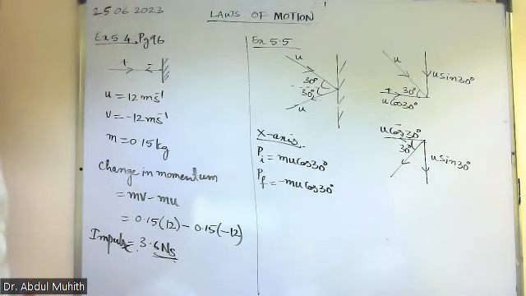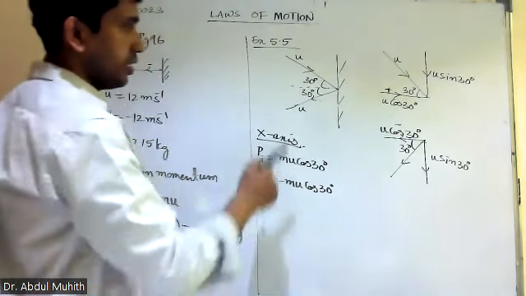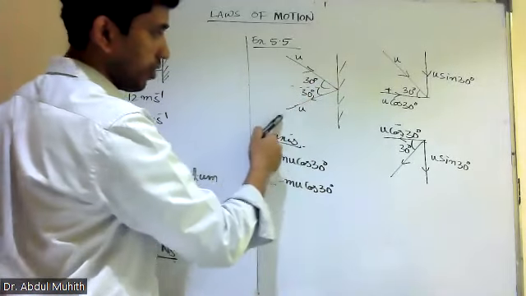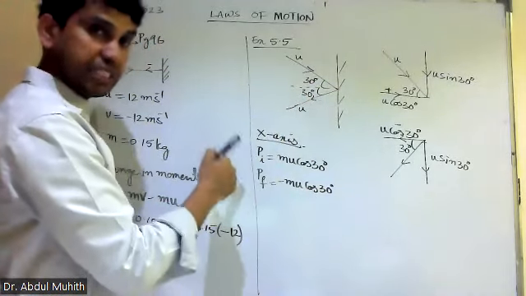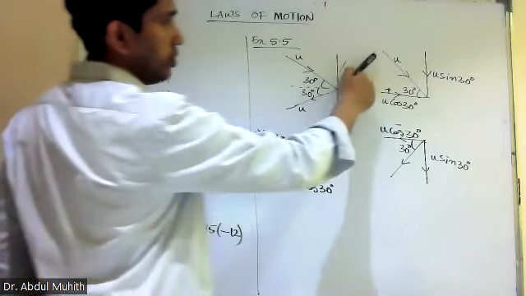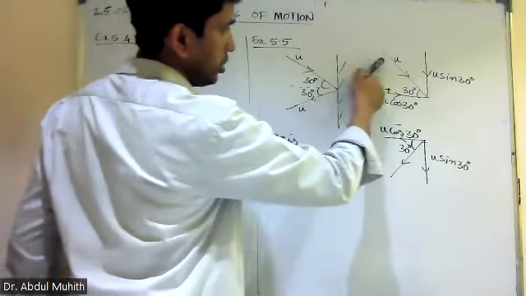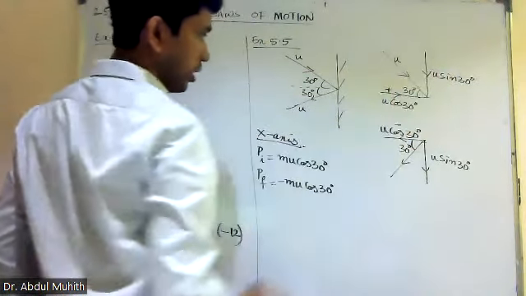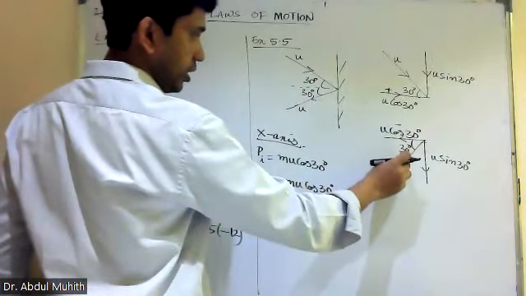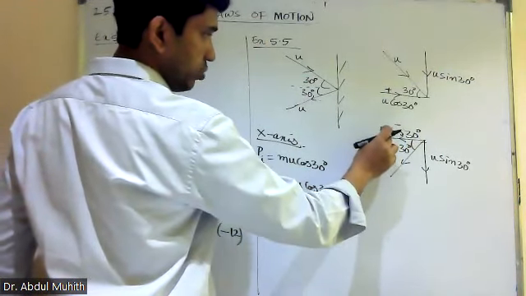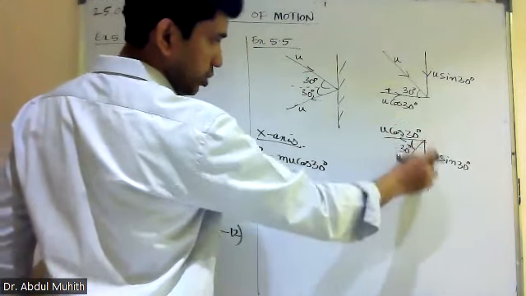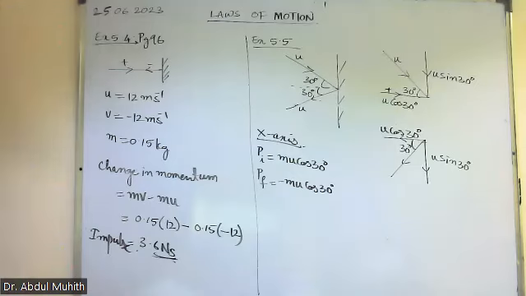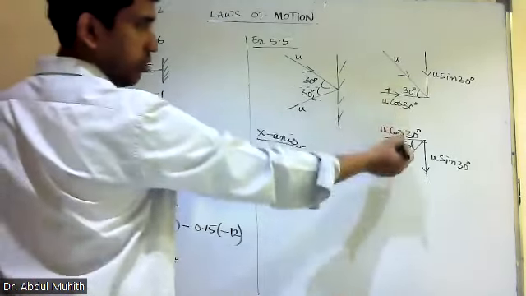Sir, could you explain again? See here, I resolve this into components. This ball comes and hits the wall and will reflect back with the same angle, with the same velocity. Now, this is the initial velocity, this is u. So we have two components: u cos 30 and u sin 30. Similarly, if this is 30 degrees, this is u cos 30, and this is u sin 30. Horizontal will become cos, vertical will become sin. Now look at the x-axis, the horizontal ones.